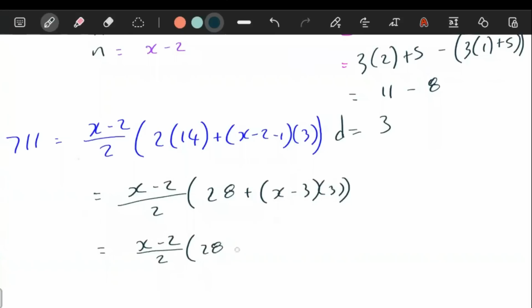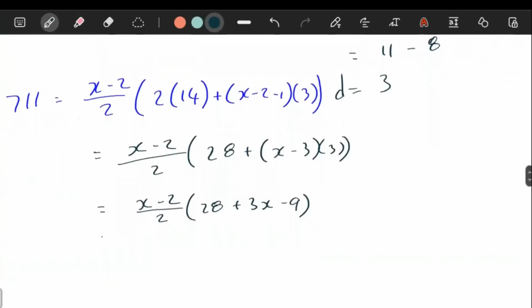If you multiply inside, it's going to be 3x minus 9. And then this is where you have to be careful. 28 minus 9 is 19, plus 3x.